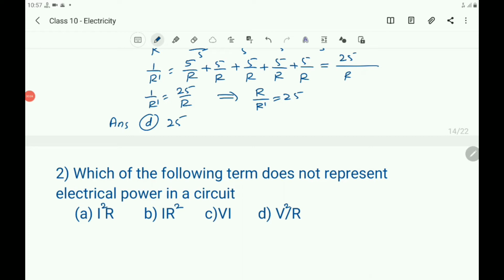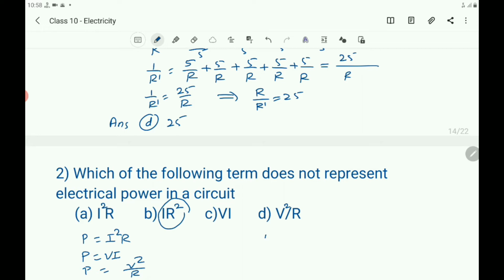There are 3 relations: one is P equals I square R, the second one is P equals VI, and the third is P equals V square by R. So P is not equal to IR square.